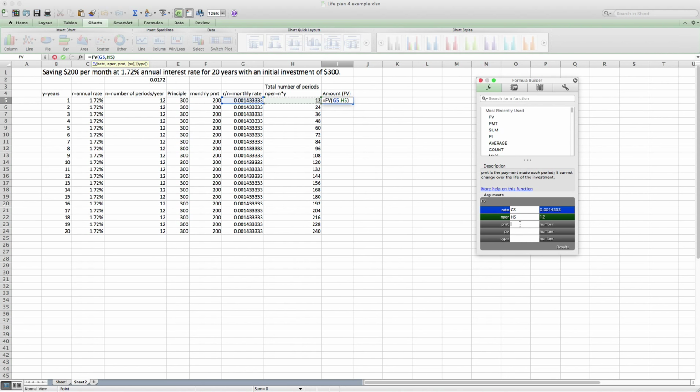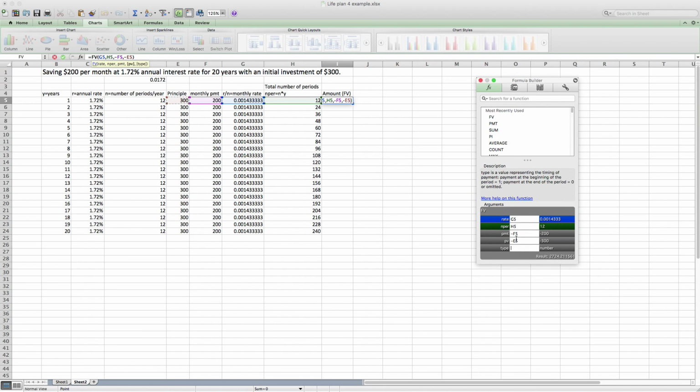Now the payment. Remember what I talked about, how the payment is actually going to be negative because it's leaving us. And this is our 200. So I put a negative, and I'm going to click on our 200, all within the same line. And our principal value, again, this was our negative 300 right there.